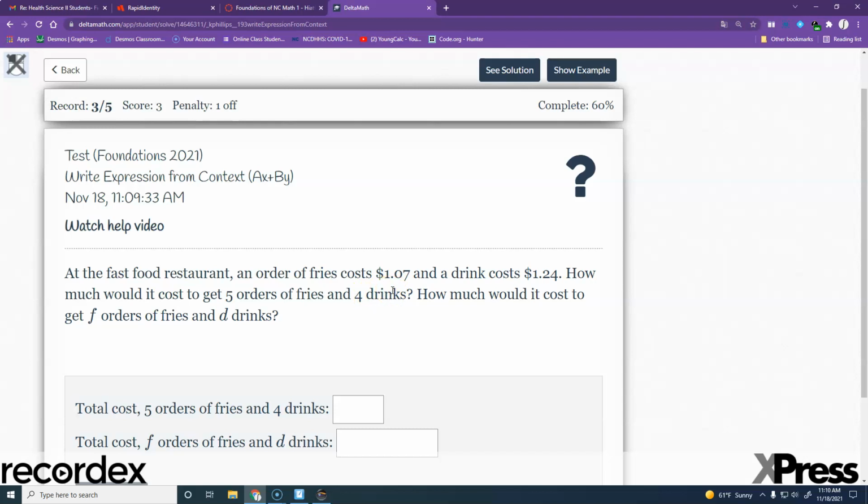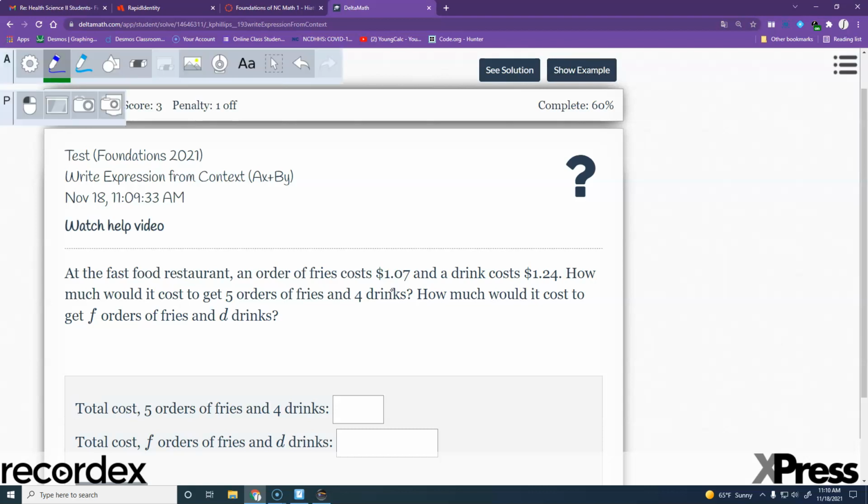So if it just talks about the number of tickets, you just add them together, right? But this one asks us about the cost. So since it asks us about the cost, we are going to have to take, we got fries, 5 orders of fries, they're $1.07. So what should I do? Yeah.